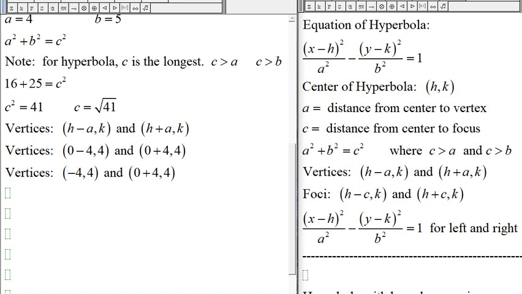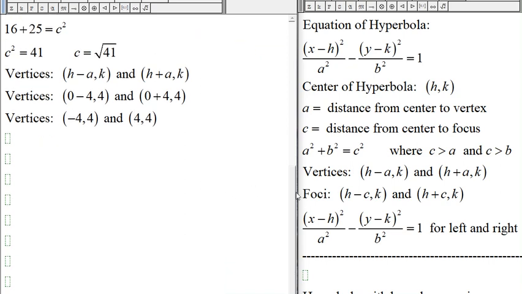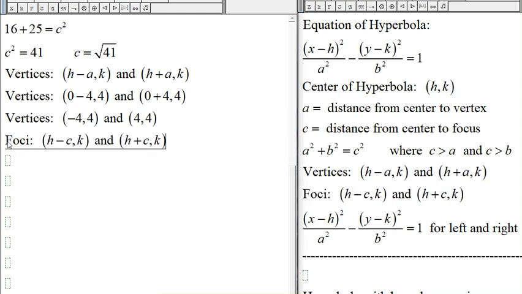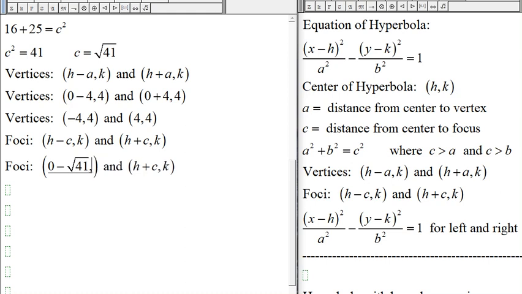So this becomes negative 4, and this becomes 4. And then for the foci, again h is 0, and then c is the square root of 41, and k is 4. And over here we have 0 plus or minus the square root of 41, 4.